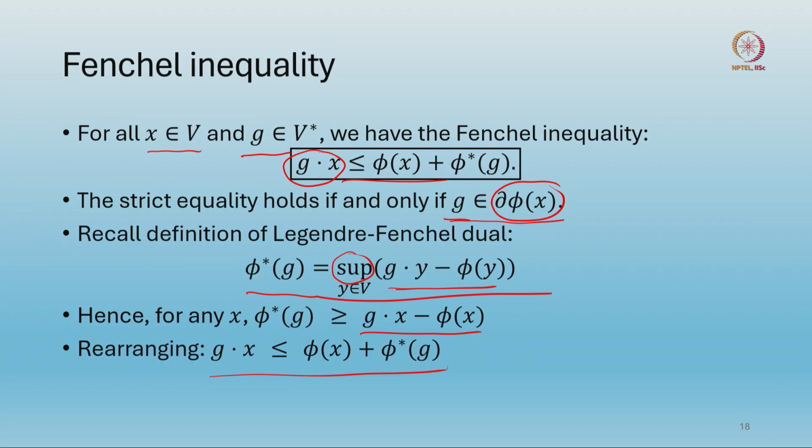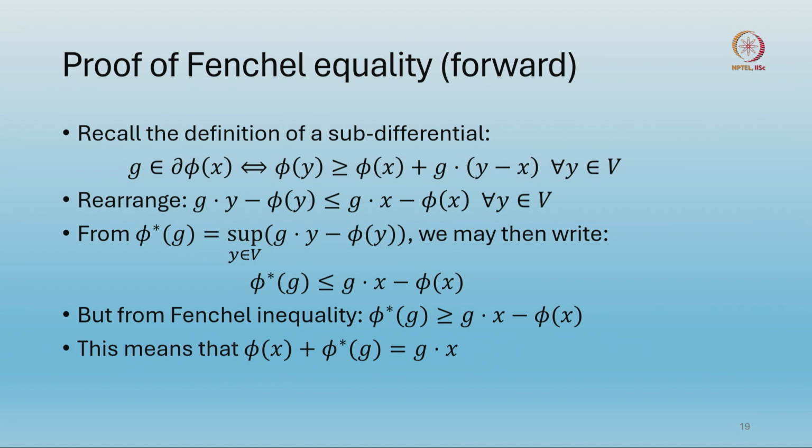But the equality, when G belongs to del phi x, then this equality is valid. That is not that straightforward, but it is still simple enough. We can prove it, but it will take some time. But I will do this anyway for your benefit, right. So the equality has two parts in it. What are the two parts?